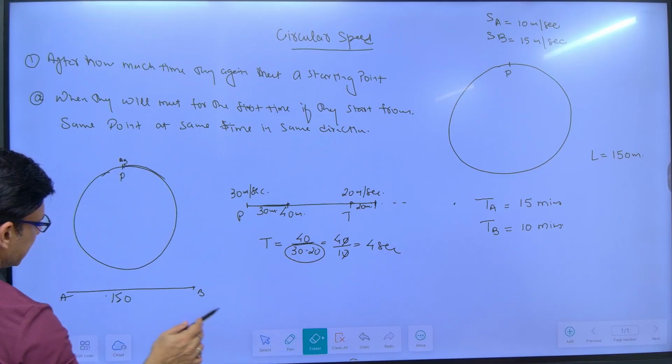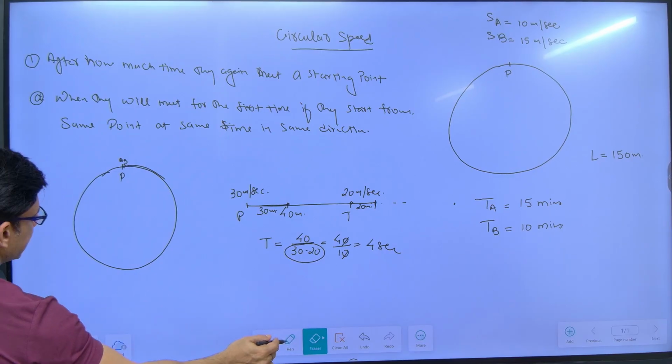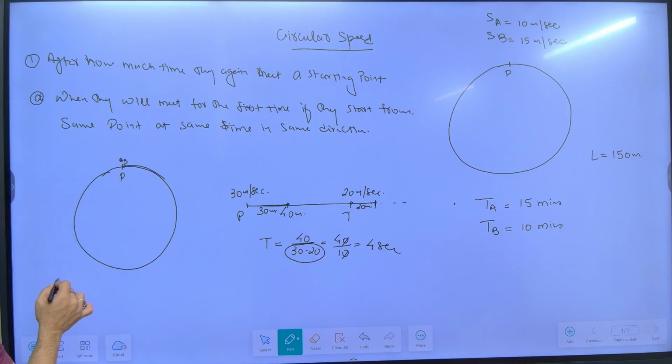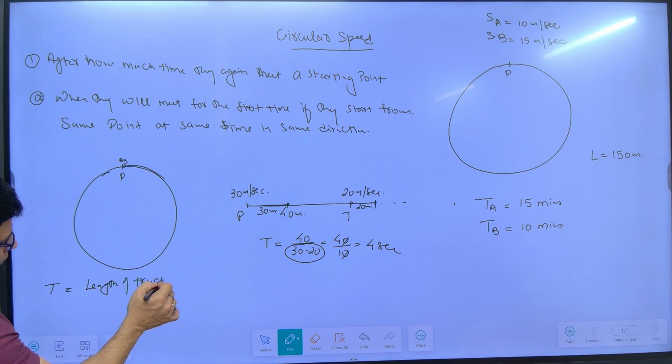So in such cases, when they ask you to find the answer, first, the time taken by B to catch up with A will be given by the length of the track divided by the difference of speed.